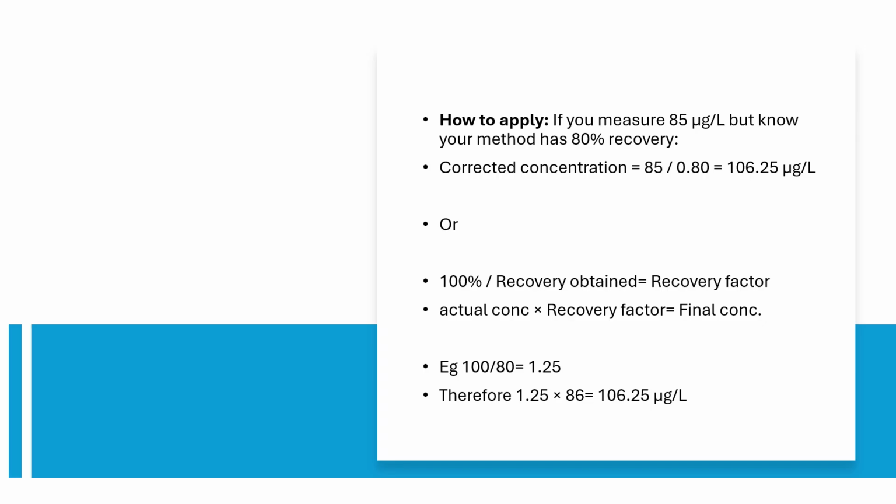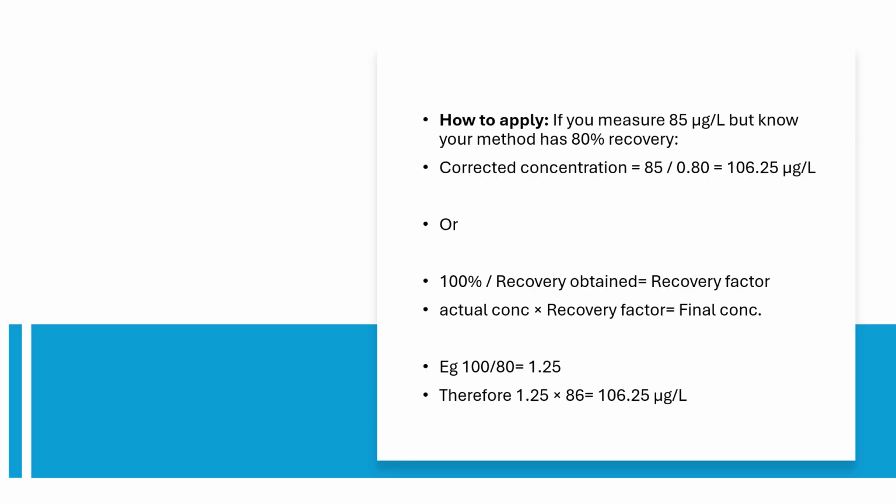So there are two ways you can calculate your final or corrected concentration. If you measure 85 mg per liter, but you know your method has recovery of 80%, then the corrected concentration is 85 divided by 0.80, which equals 106.25 mg per liter. Or you can calculate the recovery factor and multiply it to your obtained concentration.